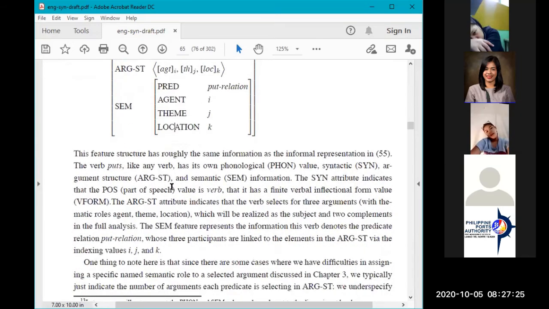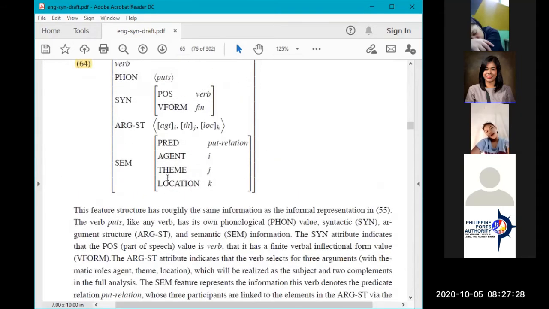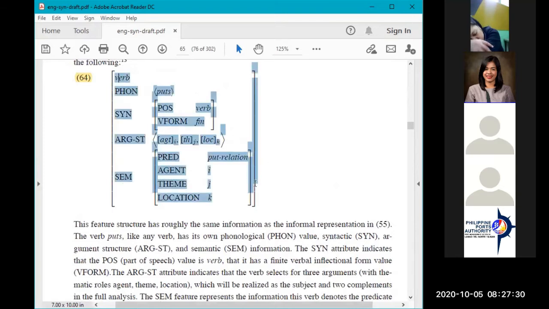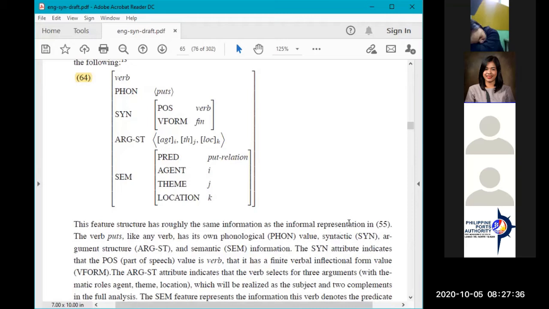Let's try to understand that further. This feature structure has roughly the same information as the informal representation of the individual that I discussed earlier. The verb puts, like any other verb, has its own phonological value, syntactic value, argument structure, or ARG-ST, and semantic information.